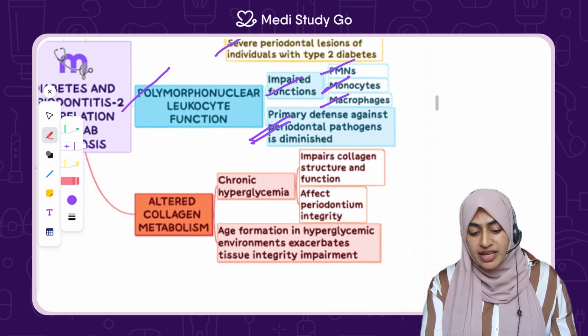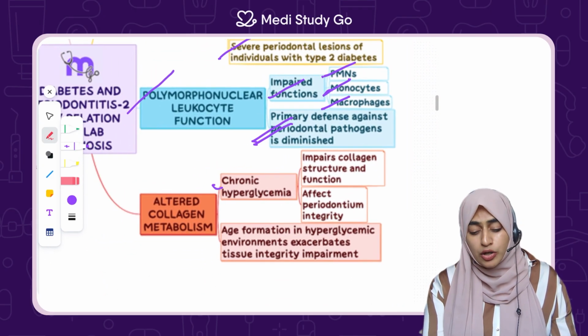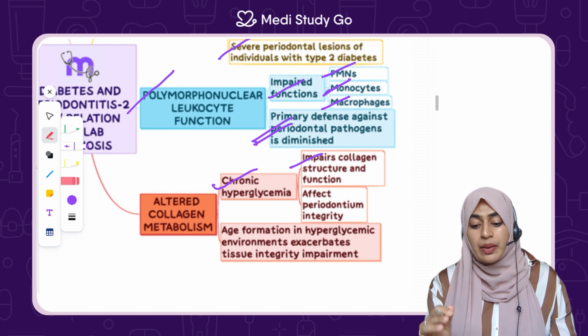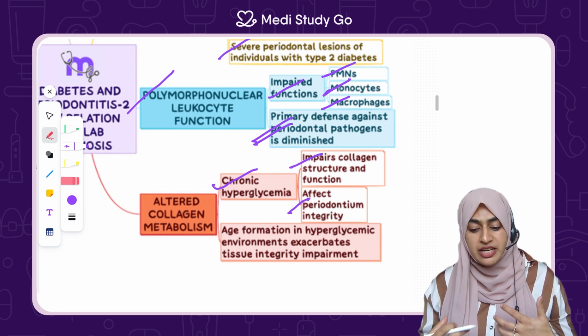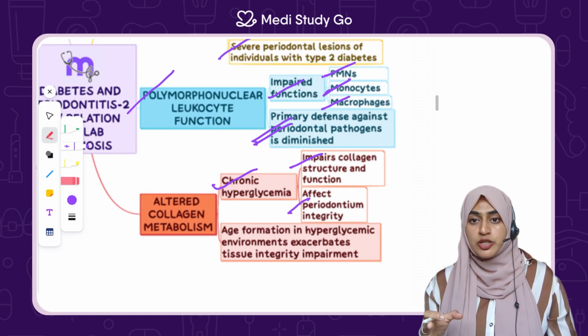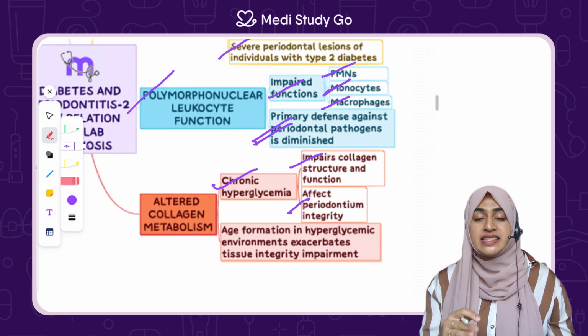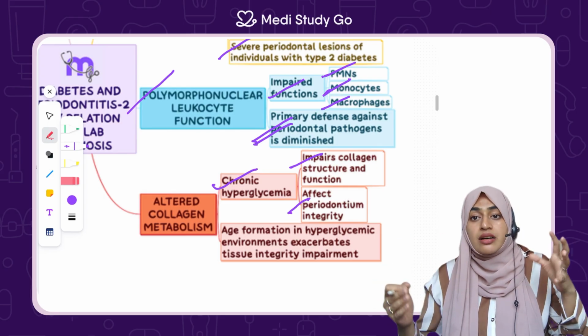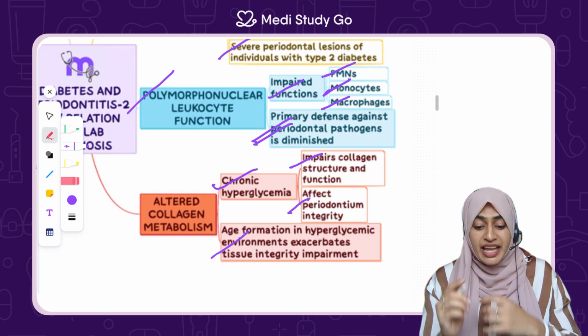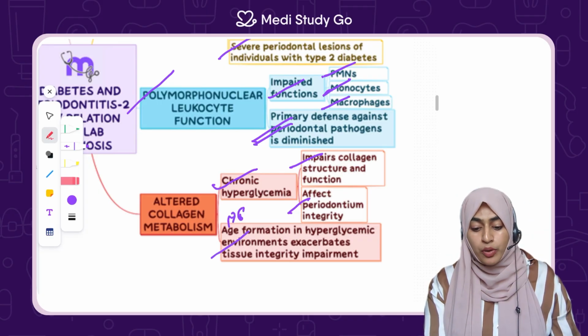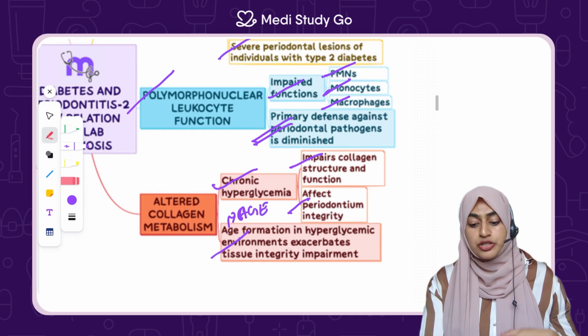Now, altered collagen metabolism as well. There is chronic hyperglycemia that impairs collagen structure and function. It affects the periodontium integrity as well. AGE formation in hyperglycemic environments exacerbates the tissue impairment. Remember that AGE which we spoke about, that is the advanced glycation end products.